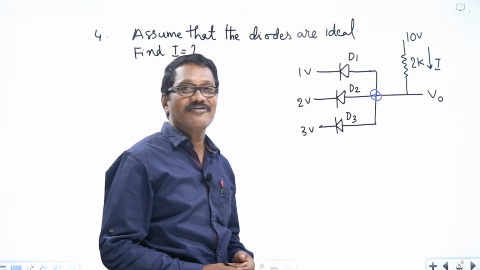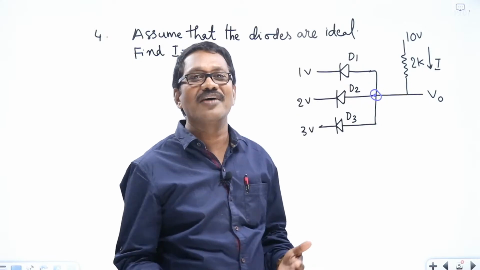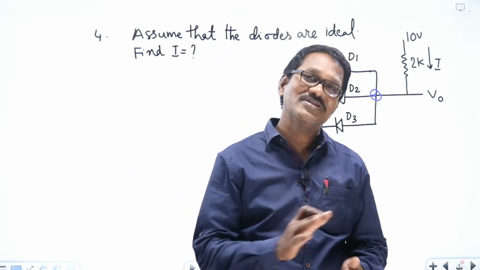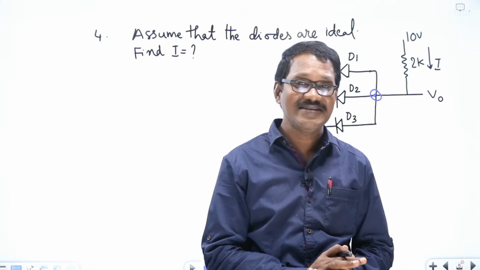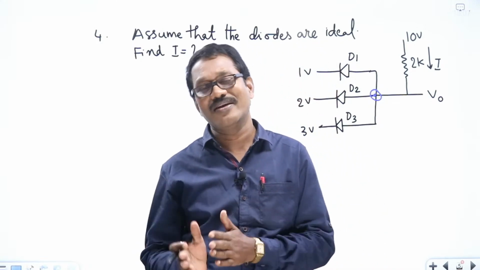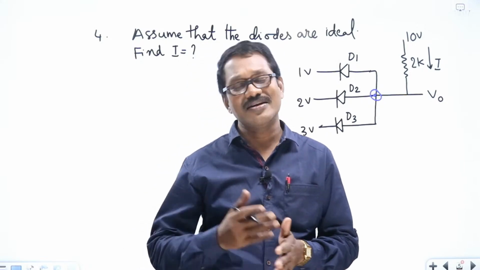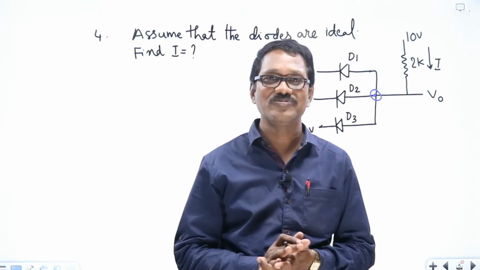So the only way to observe whether the diodes are in on state or off state is by conducting an open circuit test. Please remember when to conduct a short circuit test and when to conduct an open circuit test. Otherwise the counterpart also we should observe practically.